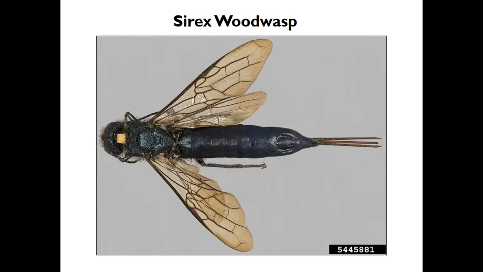The fungus and the chemical injected by the wasp rapidly weaken and kill trees, and the larvae feed on the fungus. This is the case with a lot of these insects. They inject a fungus into a tree when they lay their eggs, and the larvae feed on it.